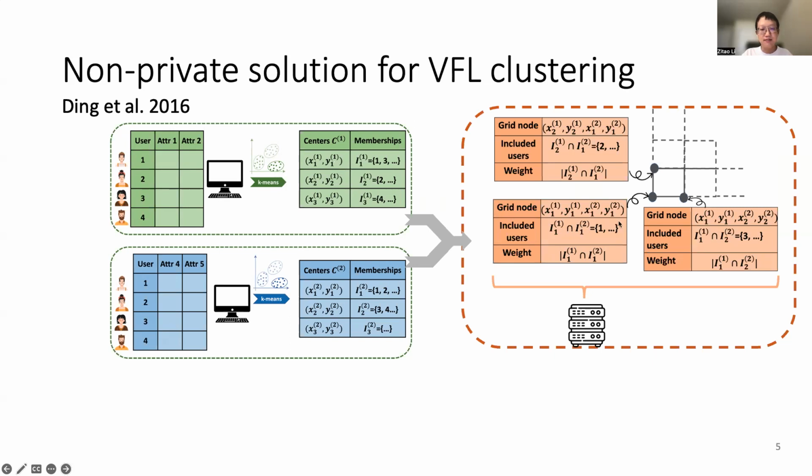The central server can build a grid, where the grid nodes are the Cartesian product of the local centers, and the weight of each grid node is the cardinality of the intersection of the corresponding memberships. Finally, the server can take these grid nodes as input and run another k-means algorithm to generate the final centers.